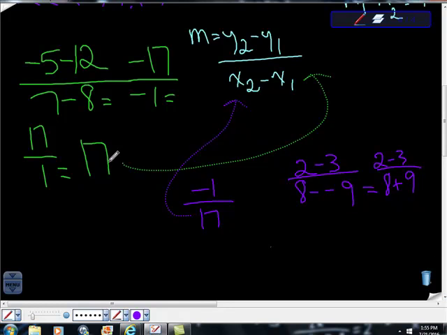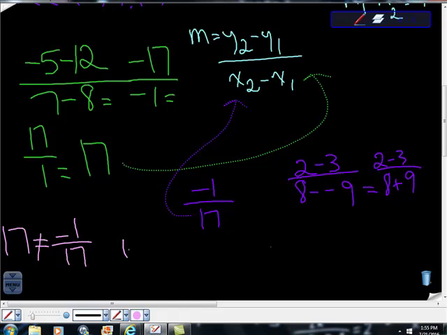We already know from looking at our slopes here, 17 is not equal to -1/17. Therefore, it is not parallel.